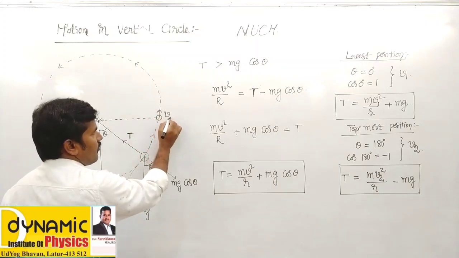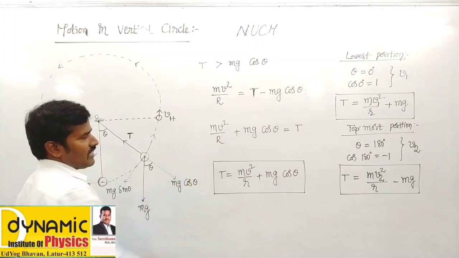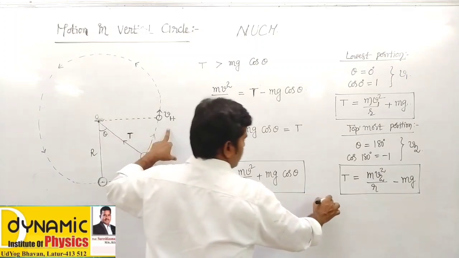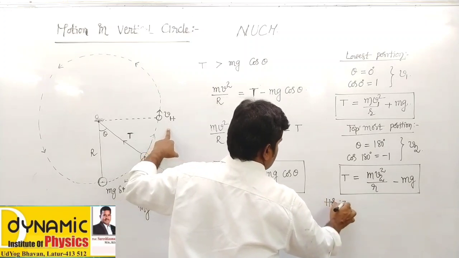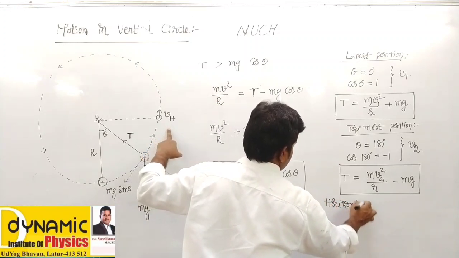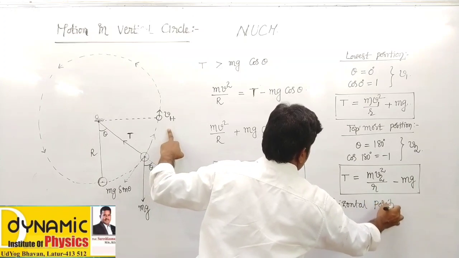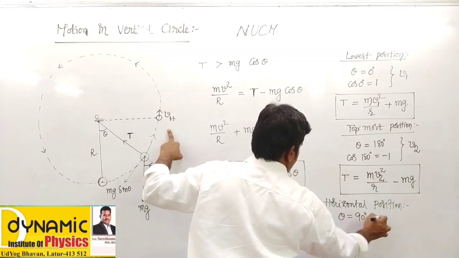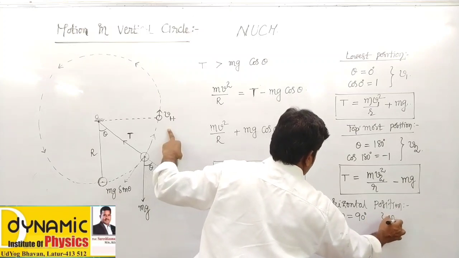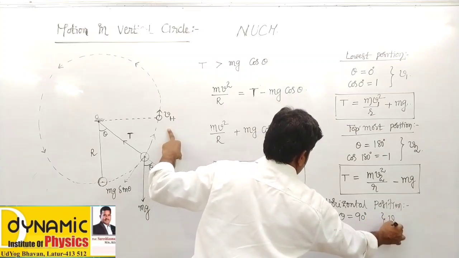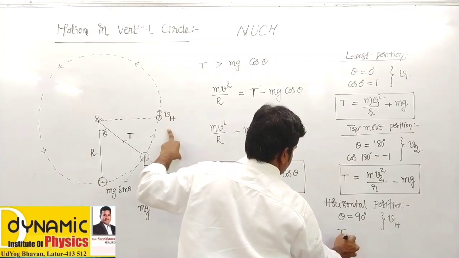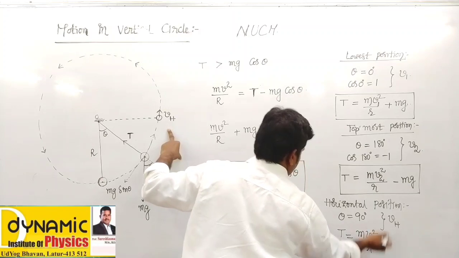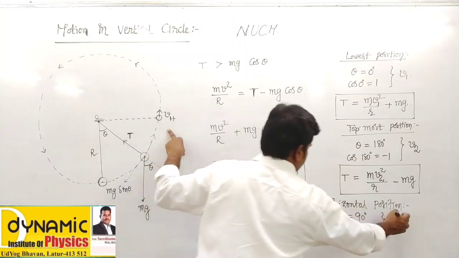Let the velocity at the horizontal position be vh. At the horizontal position, theta equals 90 degrees, and cos 90 becomes 0.